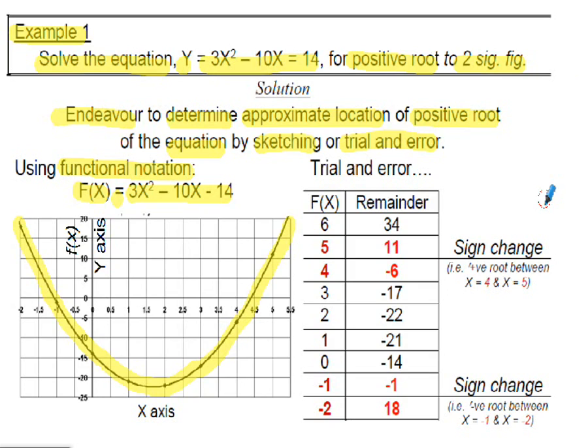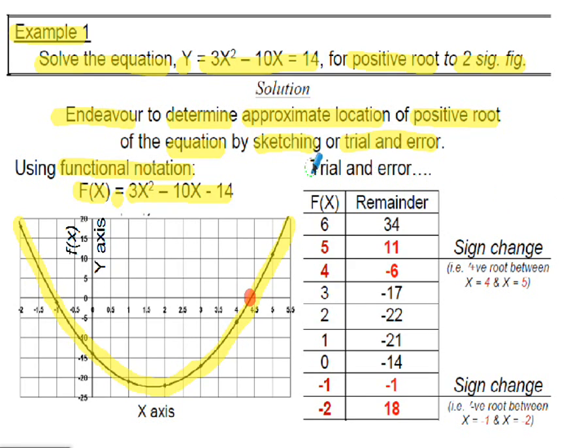We can see from the plot that the positive root resides between 4 and 4.5 on our x-axis. That's a root because that's where the y value, the function of x, is 0. So that would give us our first estimate between 4 and 4.5.